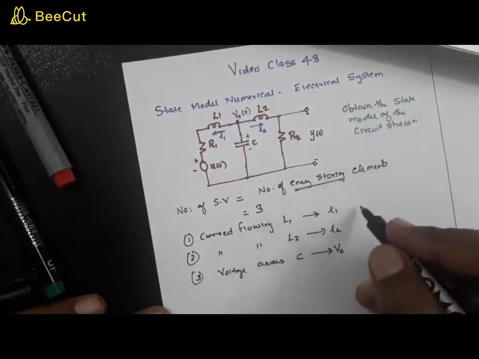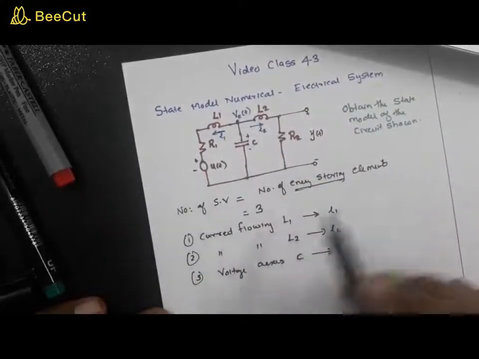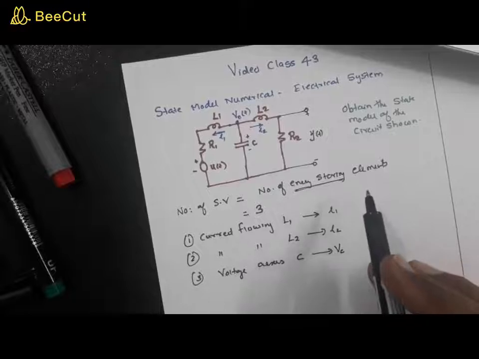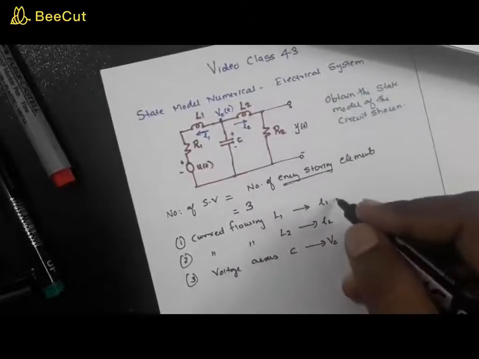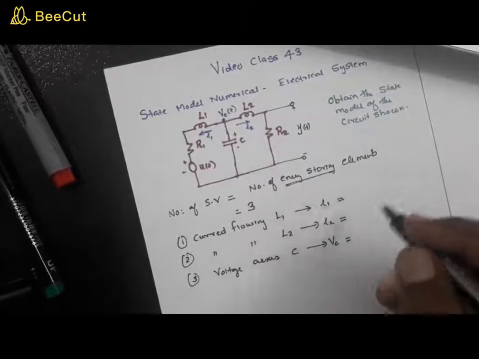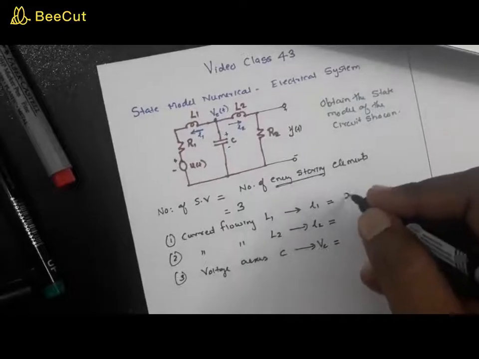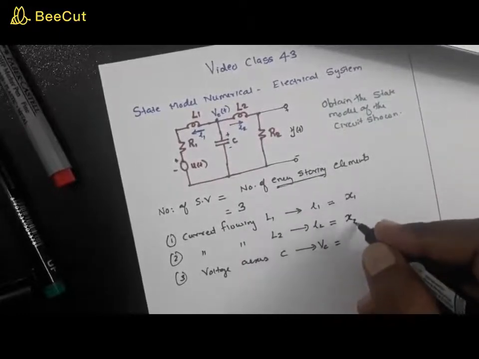These are the three variables that you can identify through each energy storing element. We assign I1, I2 and Vc to the state variables, and let us call them x1, x2, x3.